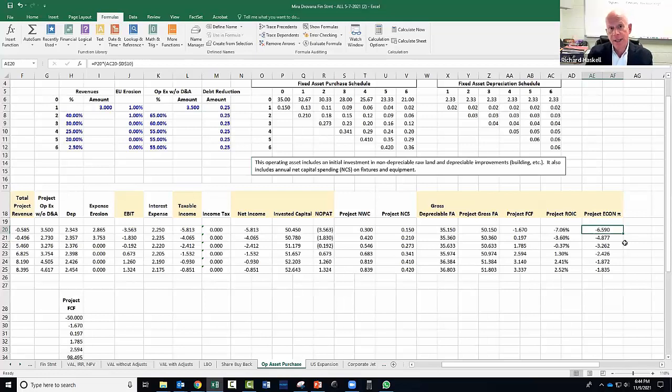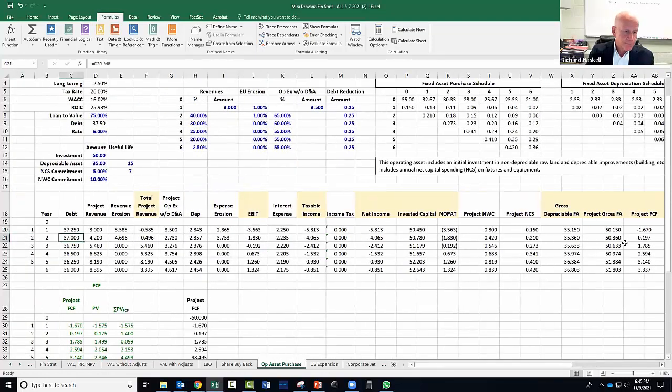How much is it borrowing it at? In this case, 6%. So we can justify that 6% figure for both sides of this cost of capital such that it becomes our cost of capital. And in this case, it's a very ugly economic profit for the project. So we're going to have to come back to that in a few minutes and see what we think about that. Let's go to the next period.